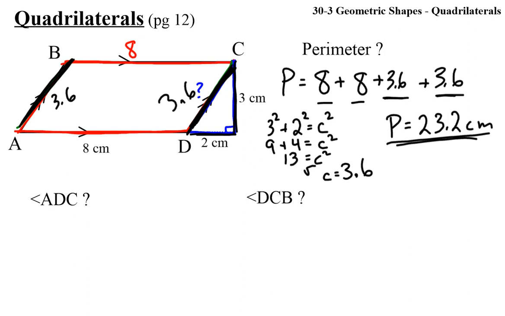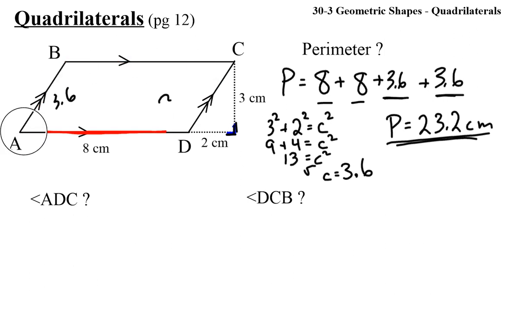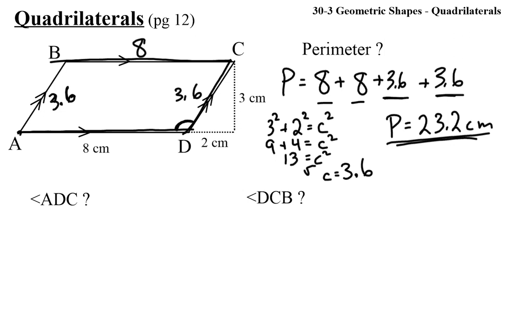Now we want to know the size of angle ADC and DCB. I'm just going to erase some of my drawing on here to help us see. So we said that this was 8 up here, and we have 3.6 for these pieces. We want to know ADC, from A to D to C. We want to know how big that angle is. And from D to C to B, we want to know how big that angle is.